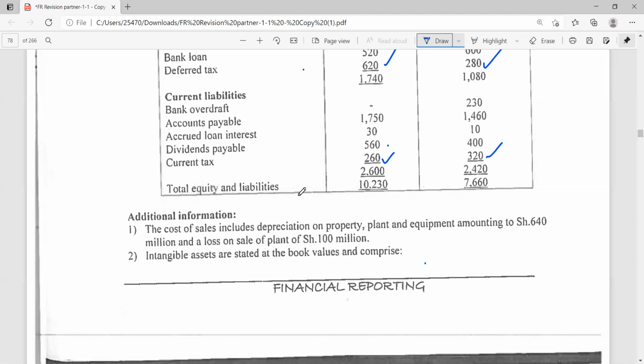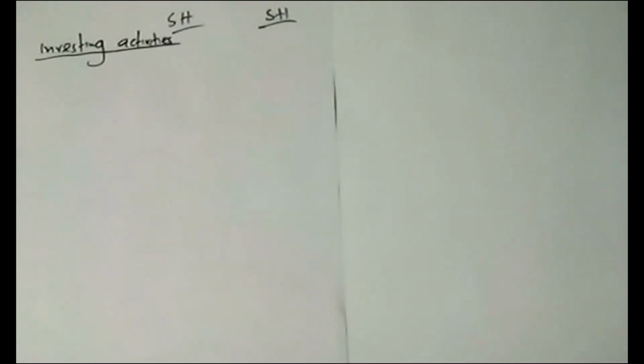We have to determine at what amount we sold this plant, which was done once, so that we can determine what we realized. In order to determine the disposal value, we have to do our PPE analysis.